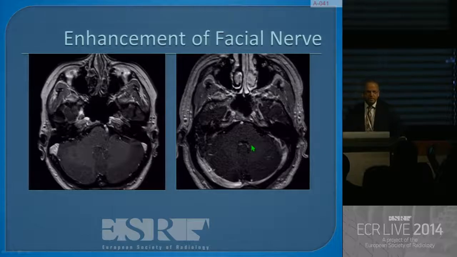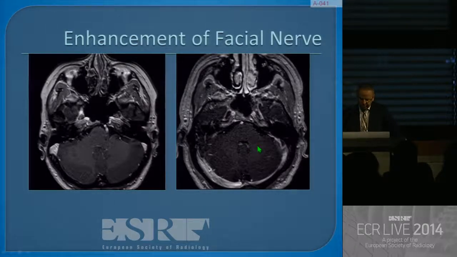And enhancement of the facial nerve may be another issue. It can be seen bilaterally, especially the anterior part of the tympanic portion of the facial nerve may enhance, and sometimes we can see that the vertical portion may enhance as well.